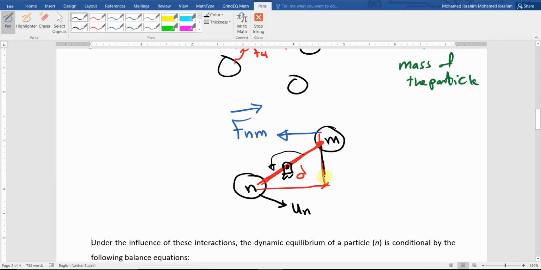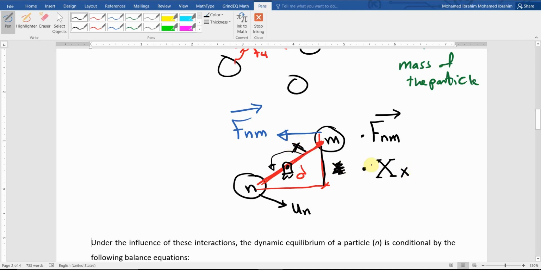Let us assume that this normal distance is x. So this force, the force vector, will have an effect, and in addition it will produce a moment. This moment will be x cross the FNM vector, where x is the distance between the two particles.